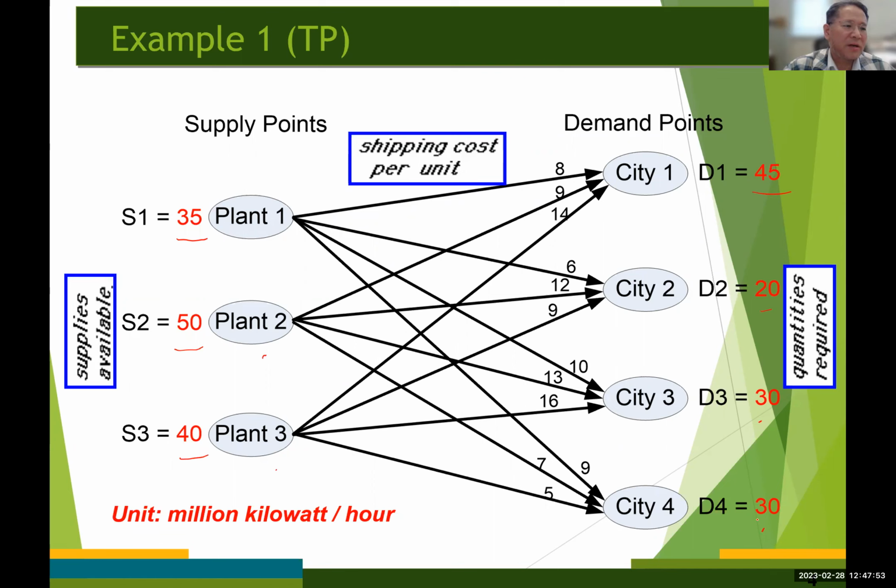The cost of sending 1 million kilowatts of electricity from each plant to each city depends on the actual travel distance that the electricity must travel. Those costs are included on each arrow, like 8, 9, 14, 6, 12, 9, 10, 13, 16, and 9, 7, 5.